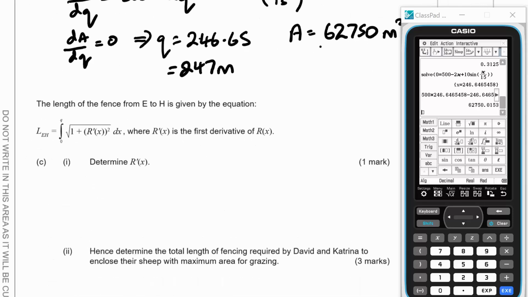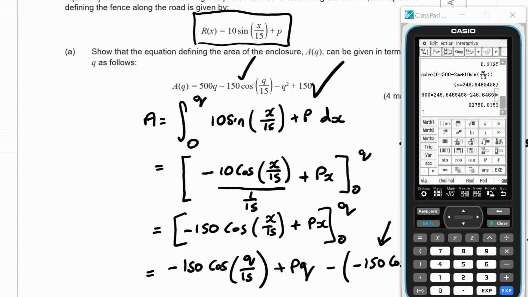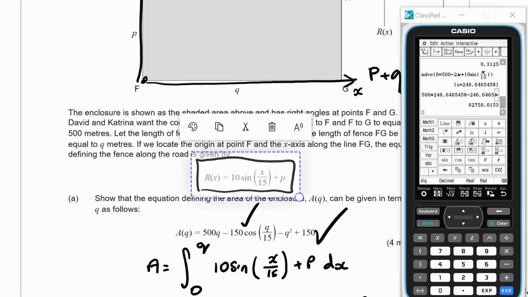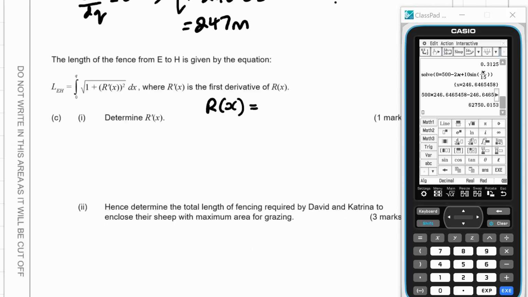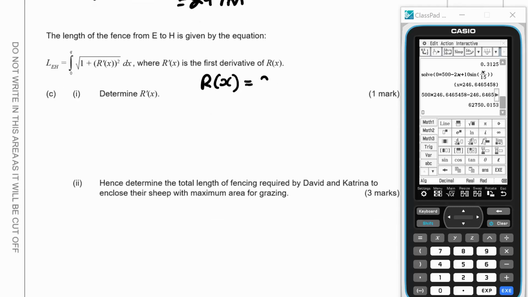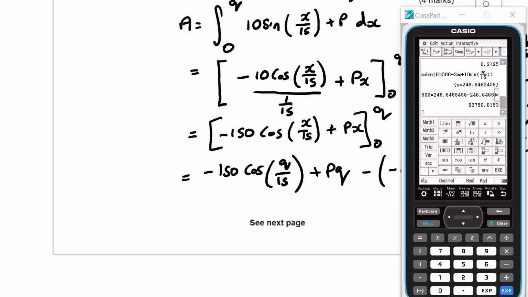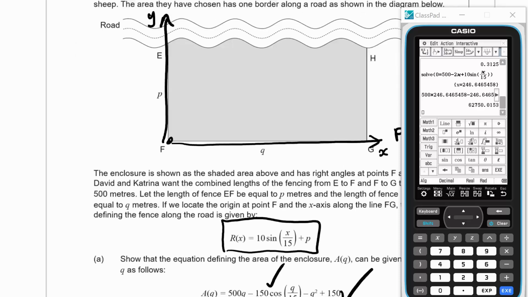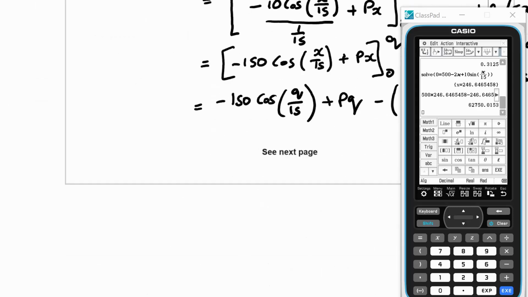Okay. The length of the fence from E to H is given by the equation shown there, where r dash x is the first derivative of r of x. Now, probably need to go back and figure out what r of x was. There we go, 10 sine x over 15 and p. Let me go back and check that.